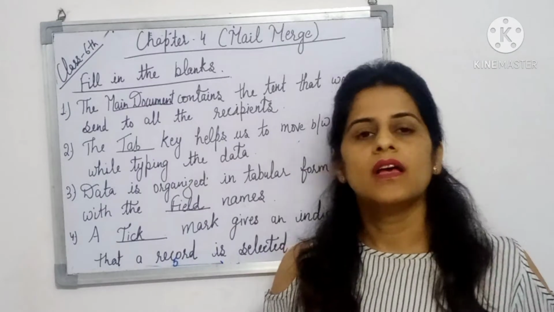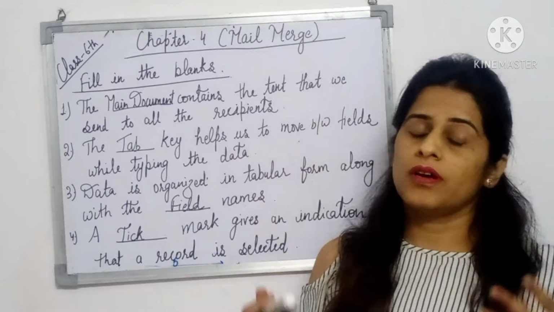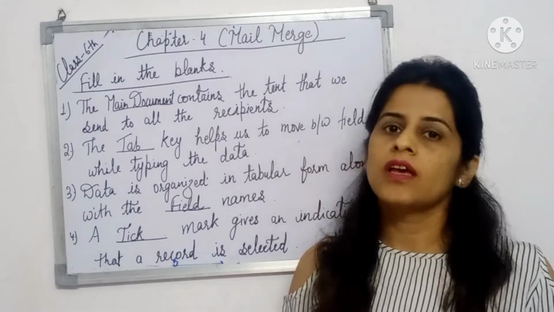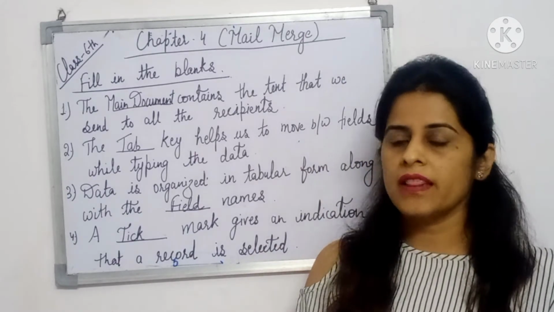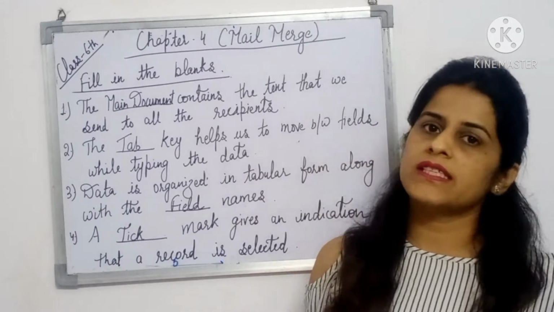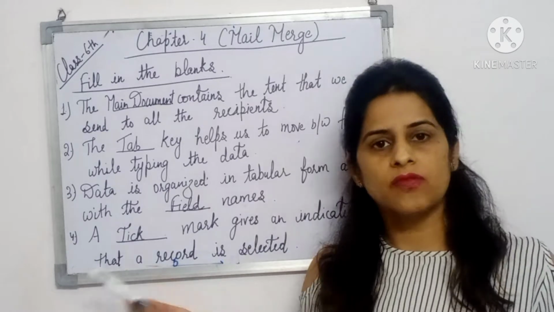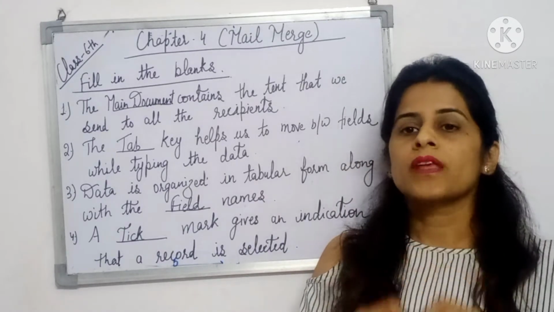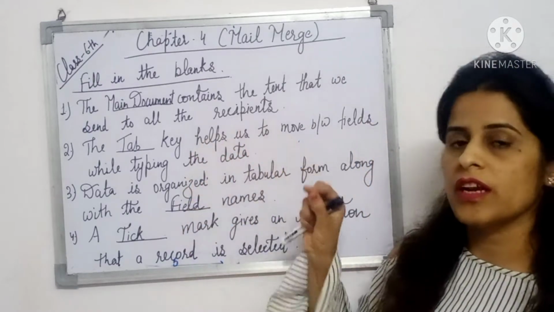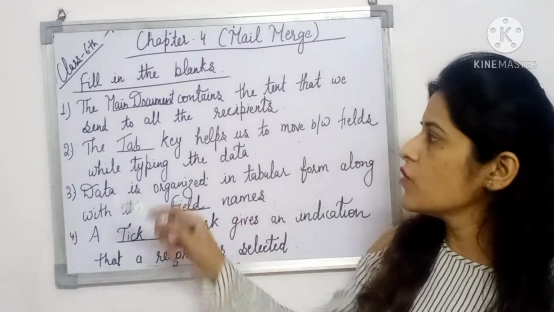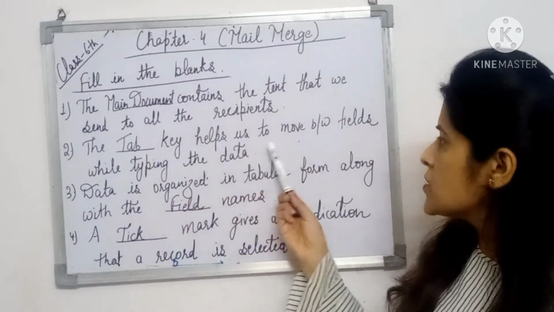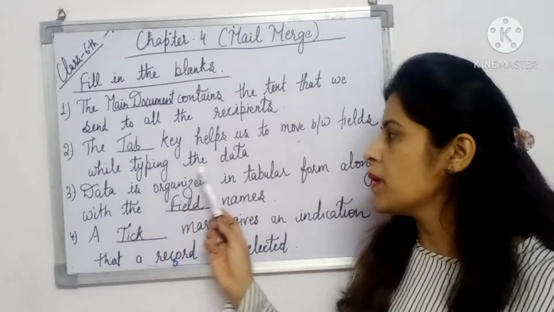For example, if there is your birthday and you want to send an invitation card to various friends, then you will write one matter, and then you will change the name and the address of the friends, and you can send it easily to the various persons with this mail merge option. The invitation lines you will write down in the main document.